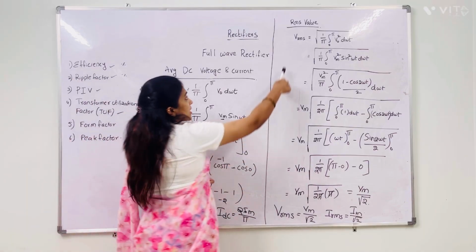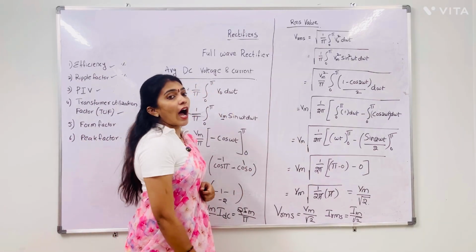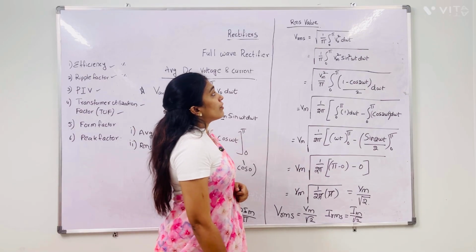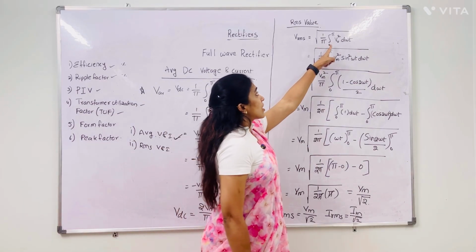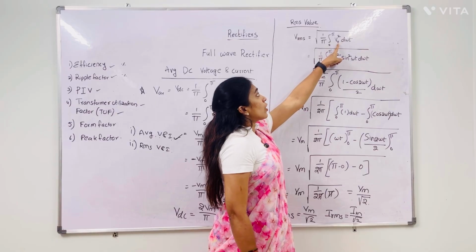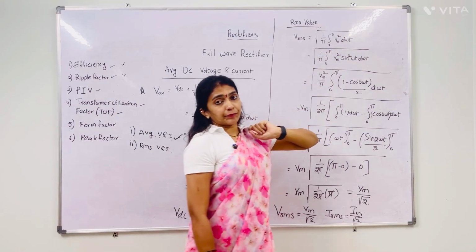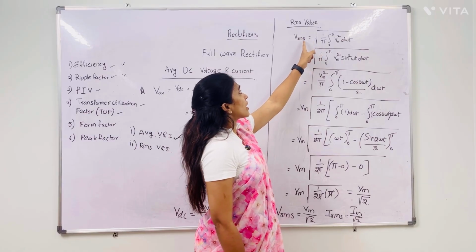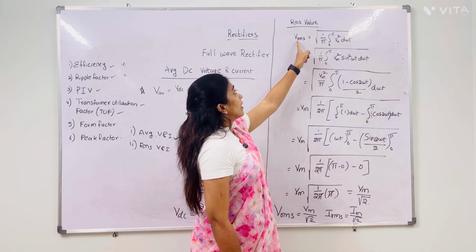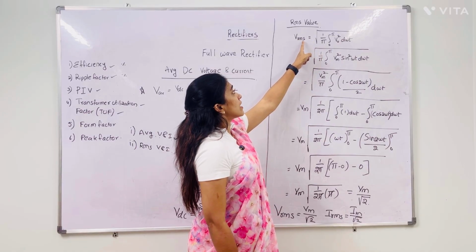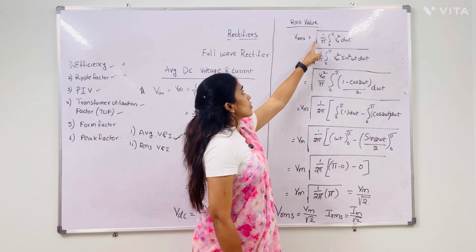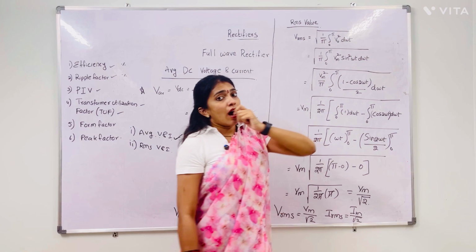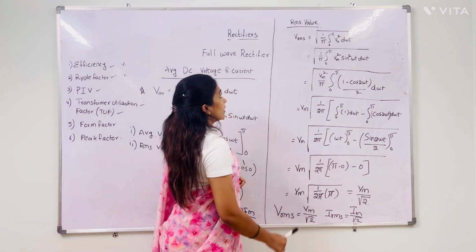This is the formula for VRMS. VRMS is equal to under root 1 by pi integration 0 to pi V naught square d omega t. Here RMS means root mean square: the square root of the mean square of the output voltage, right?